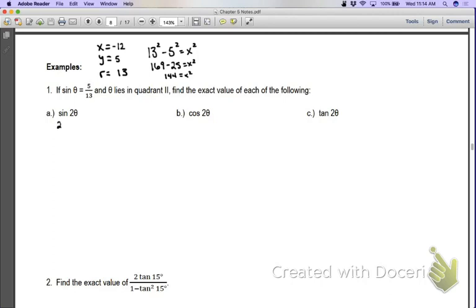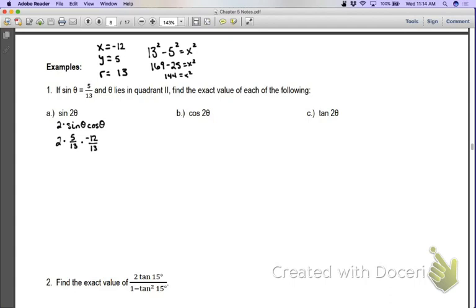So I'm going to have 2 times sine of theta times cosine of theta. Now I just replace my values: 2 times 5 over 13 times cosine of theta, which is negative 12 over 13.